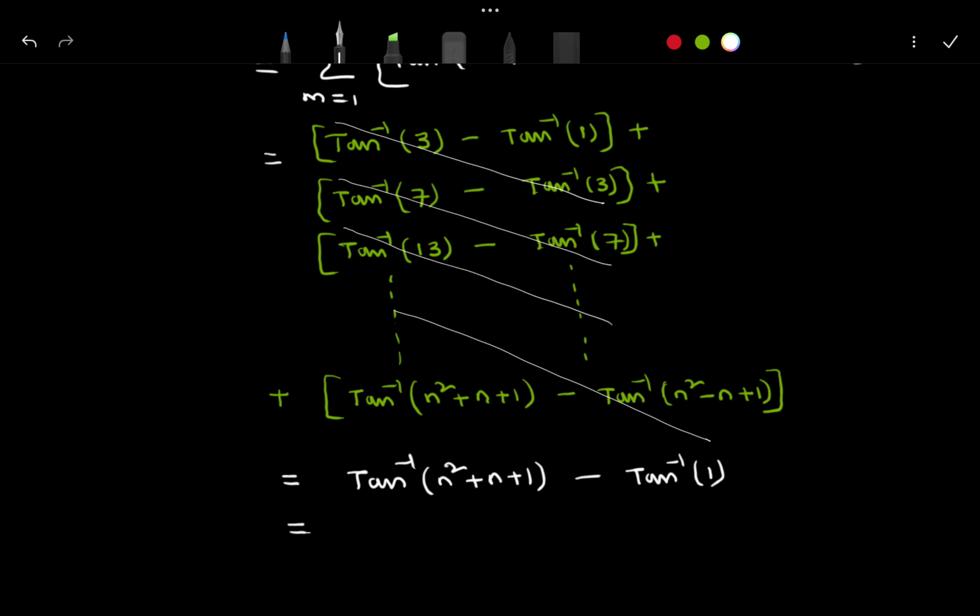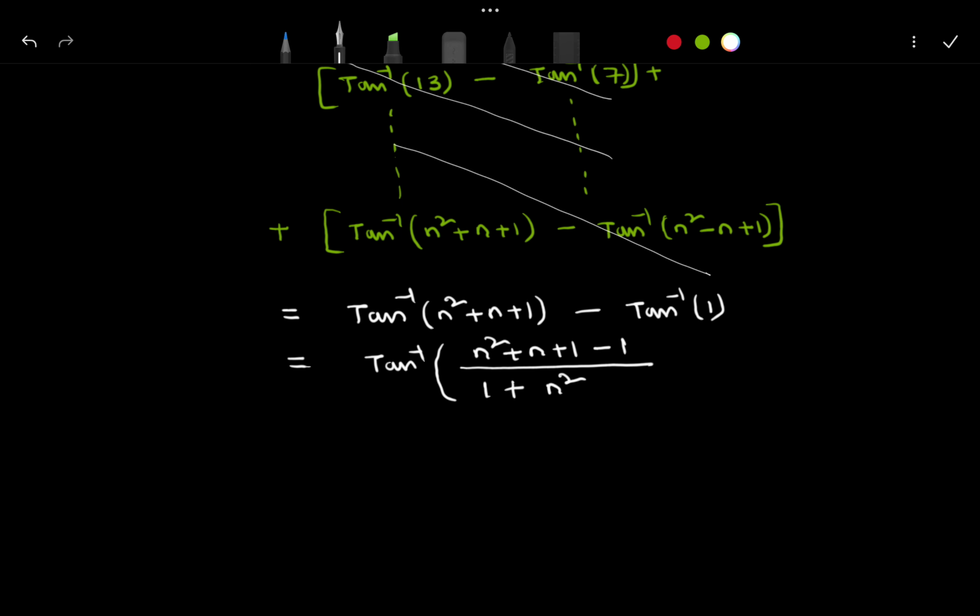Now here you can write tan inverse of, again you see, this one is in which formula? Tan inverse x minus tan inverse y will be tan inverse of x minus y, n square plus n plus 1 minus 1 whole divided by 1 plus x into y, that will be n square plus n plus 1, n plus 1.